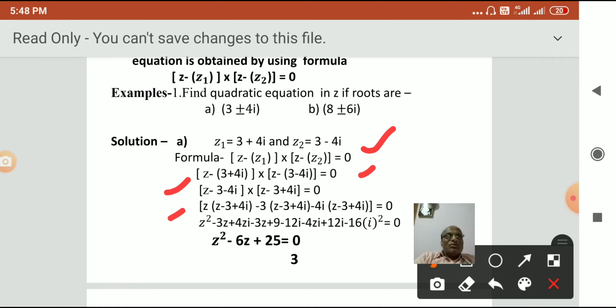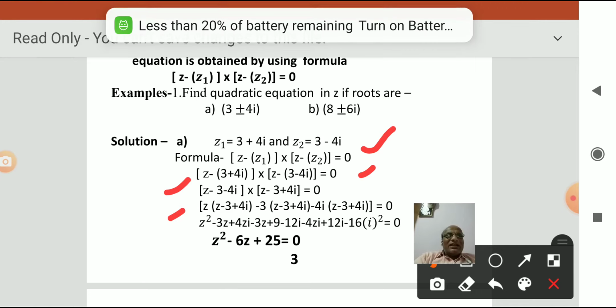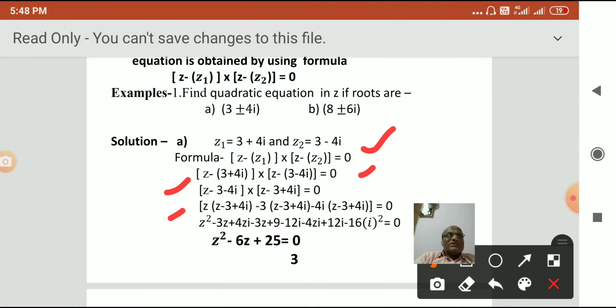Now the third: minus 4i into z, so minus 4iz, minus 4i into minus 3 is plus 12i, and the last one is minus 4i into plus 4i, that is minus 16i square.